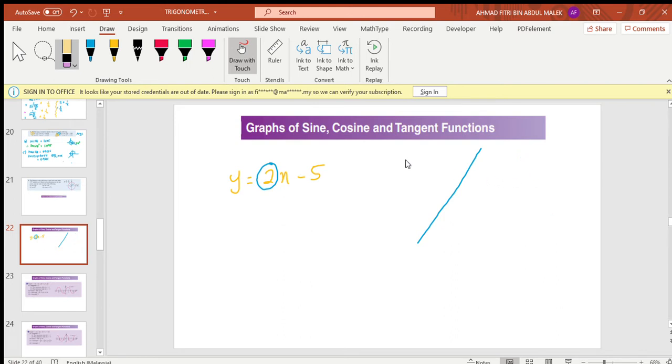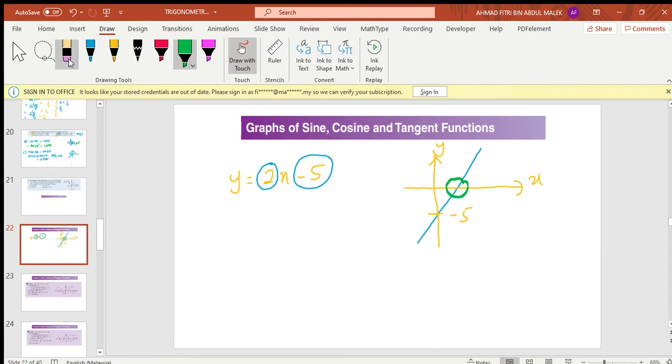Then you know it will touch -5 as its y-intercept. So when we draw y = -5, you know that this is -5, and 0 is up there. This is your simple straight line sketching, and we can also find the values here if you want to.